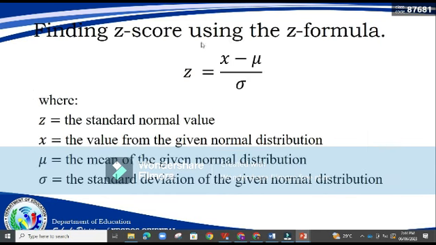Now, finding the z-score using the z formula: z is equal to x minus the population mean over the standard deviation, where z represents the standard normal value or z-score, x is the value from the given normal distribution, mu is the mean of the given normal distribution, and sigma is the standard deviation of the given normal distribution.